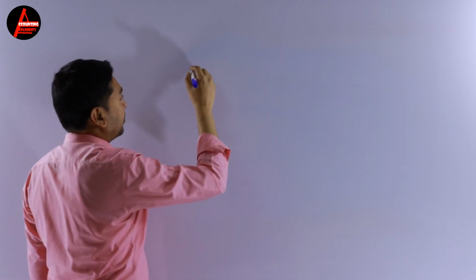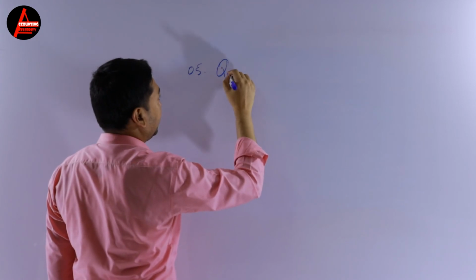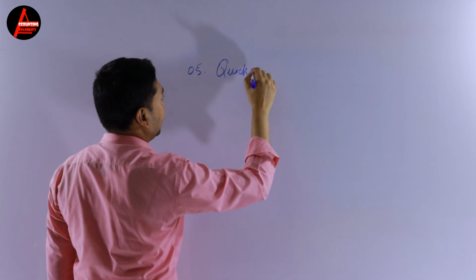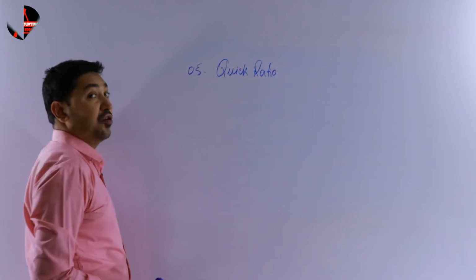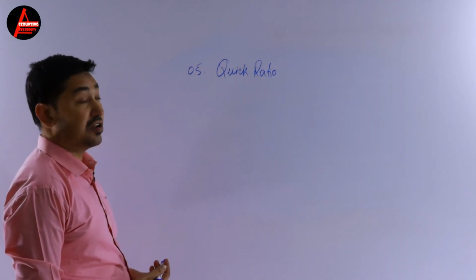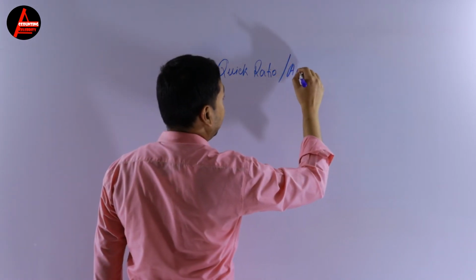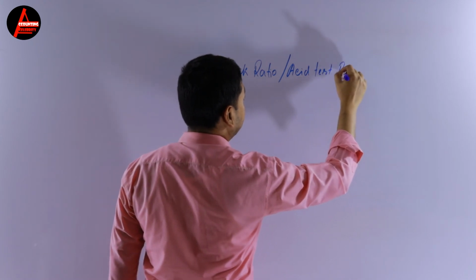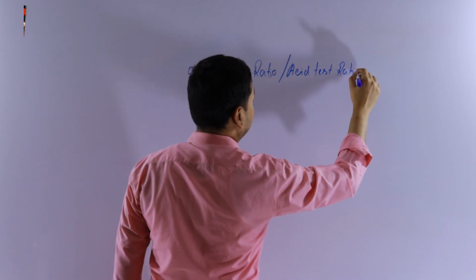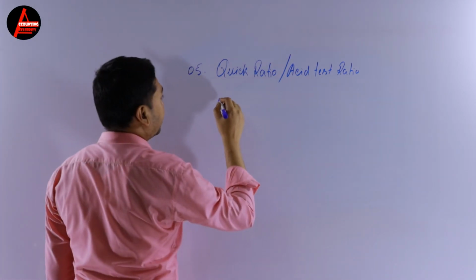Okay, number 5 is here, quick ratio. Quick ratio is also called acid test ratio, and if you say that, then you are correct. So what is the formula here?